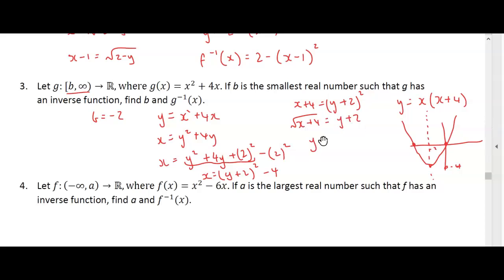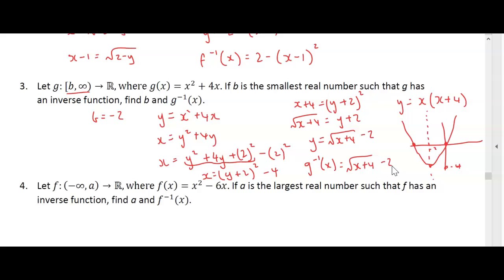And then we're left with y equals square root of x plus 4 minus 2. And don't forget, we can't leave it as y, so we've got to go back to our original function g, but it's the inverse, so it's g to the negative 1 of x equals square root of x plus 4 minus 2. All right, so there's our function.